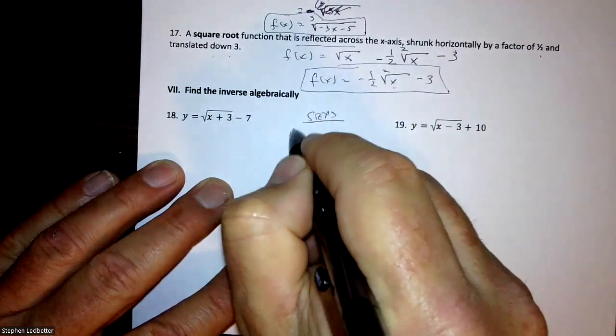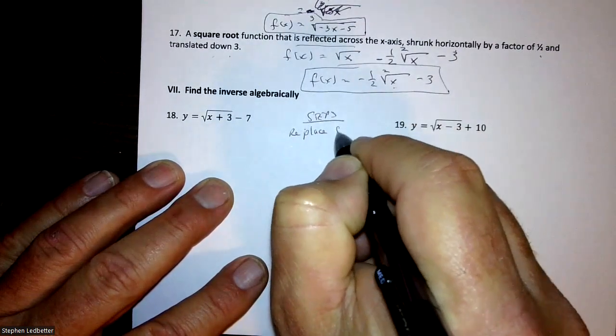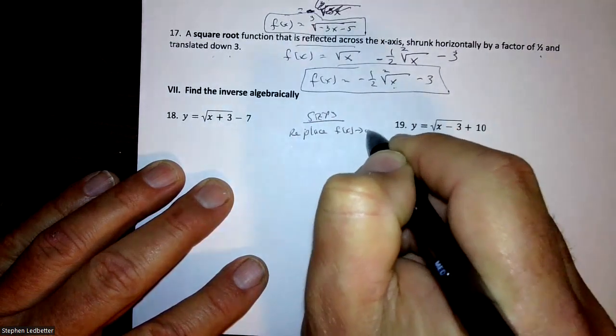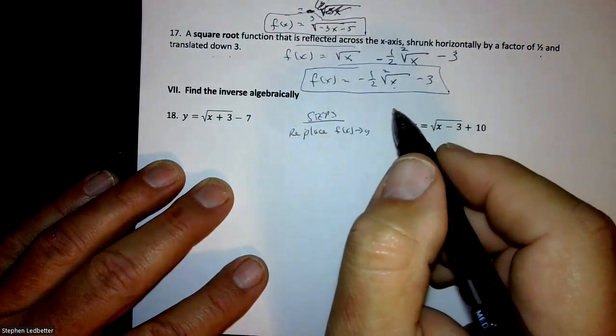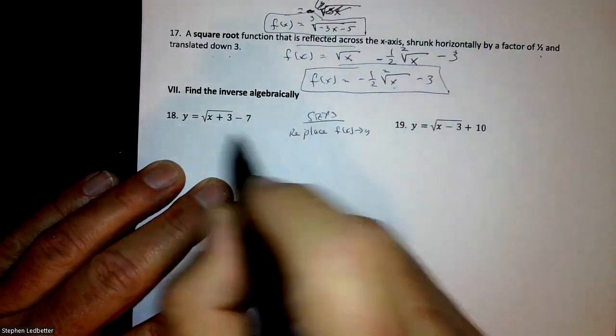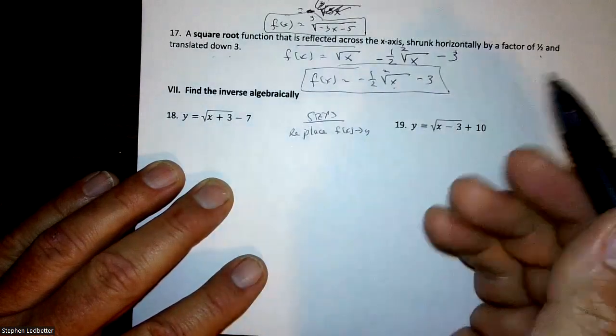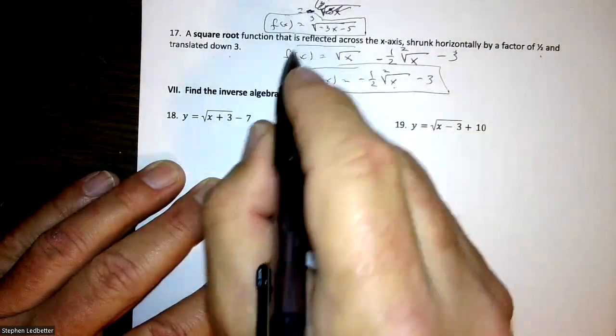Step one, replace f of x with y. But this is already a y, so we don't have to change it because it's already a y. That's step one.